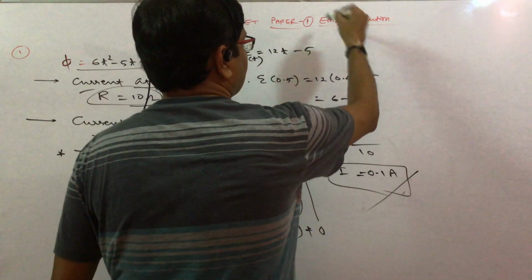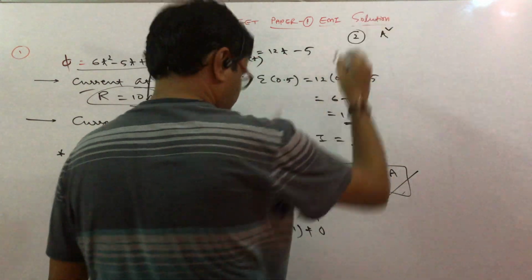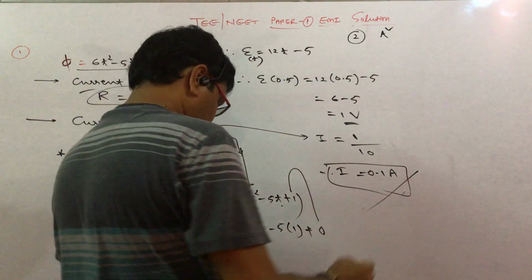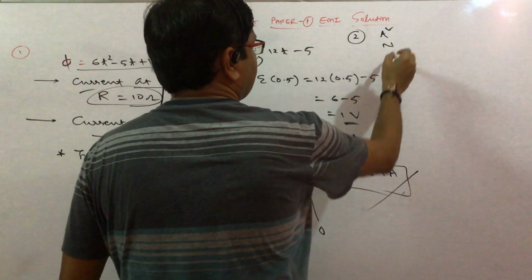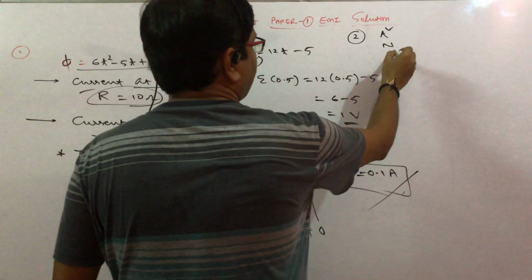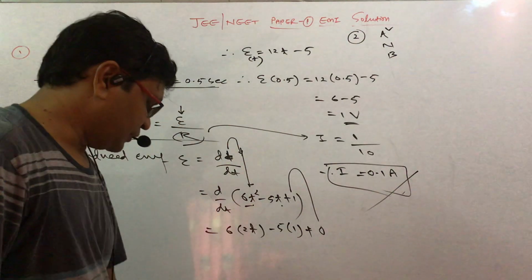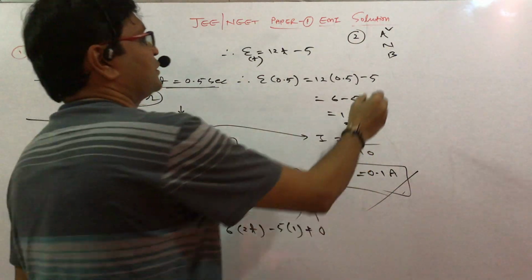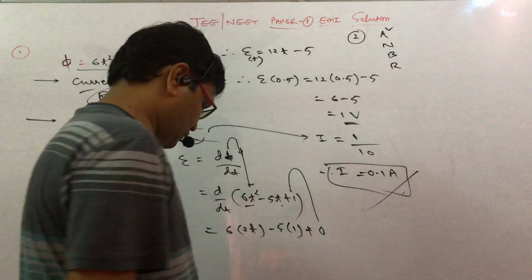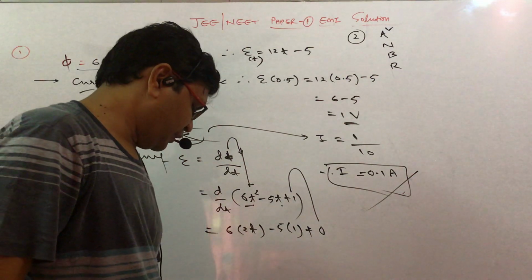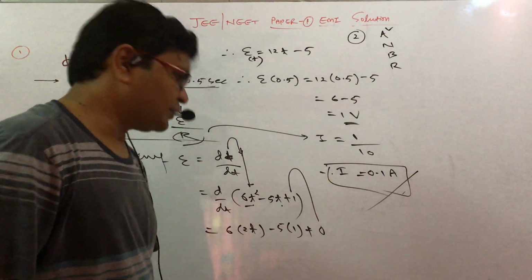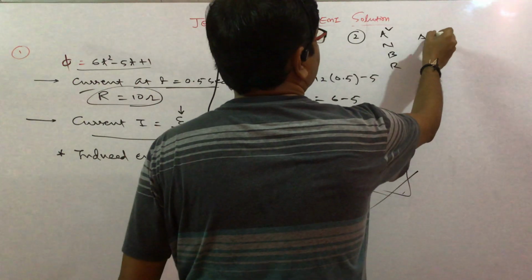So here in question number 2, area is already given, then number of turns given, capital N. After that intensity of magnetic field given, then the resistance of the coil is 2 ohm. Resistance also given, then it is removed from the magnetic field in 1 second, the time duration also given.